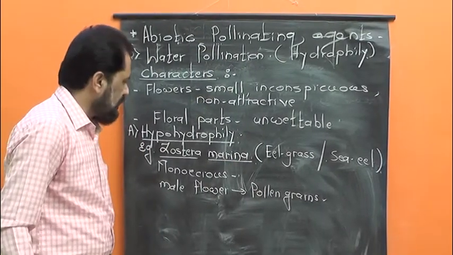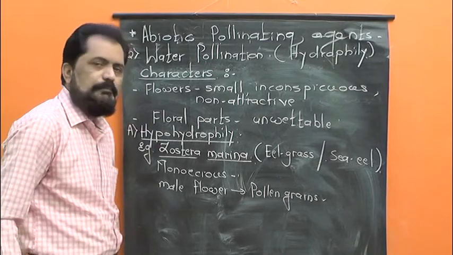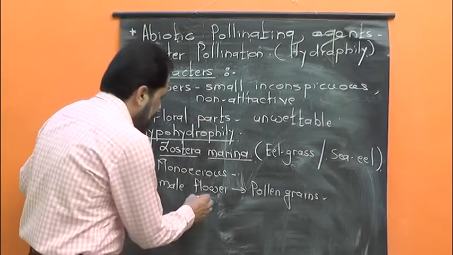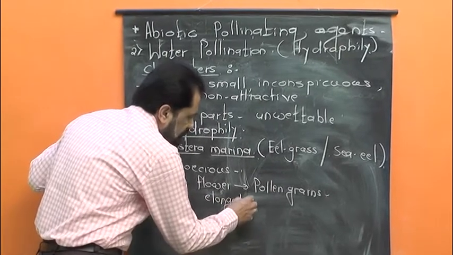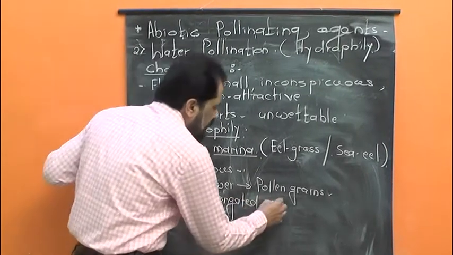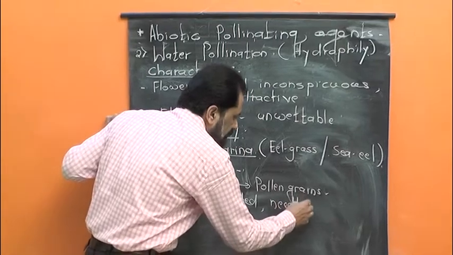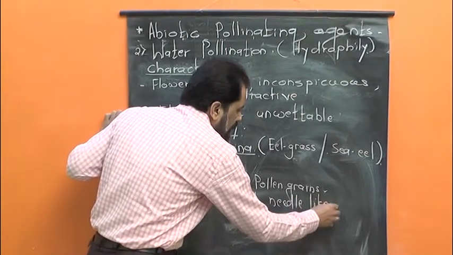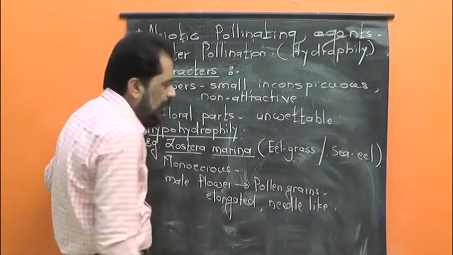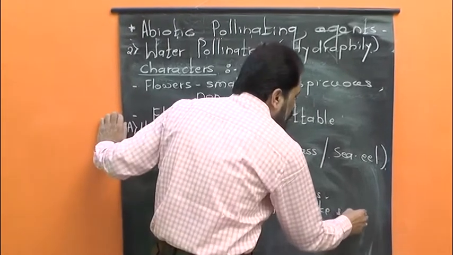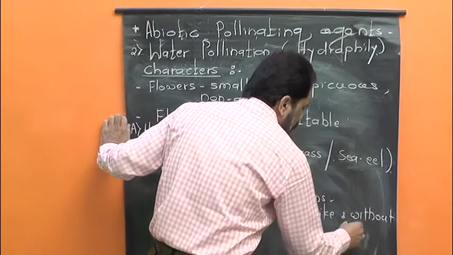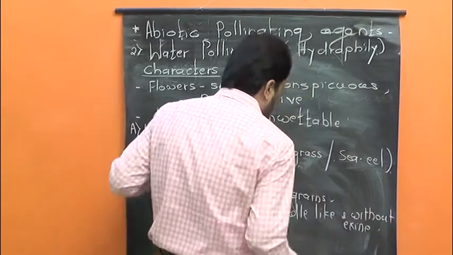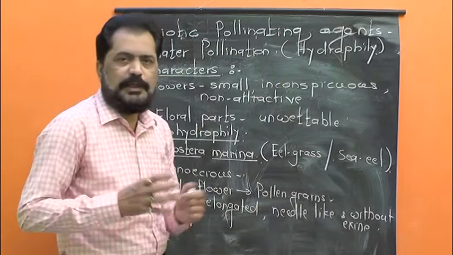The pollen grains produced by the male flower are elongated, needle-like, and without exine. The pollen grains are comparatively elongated.